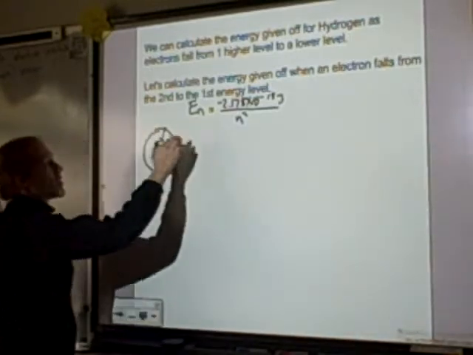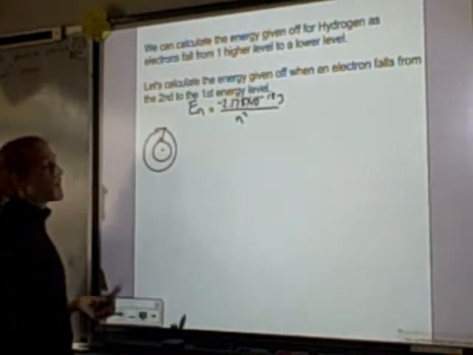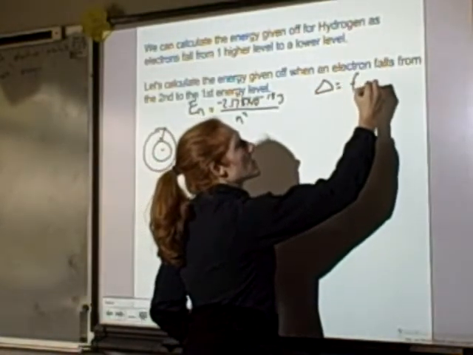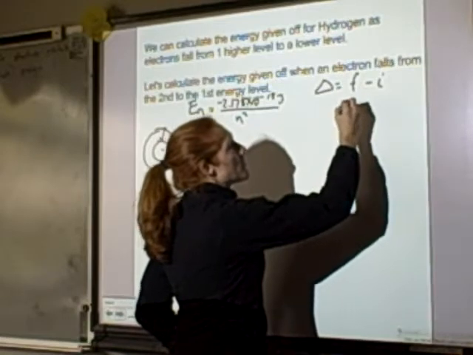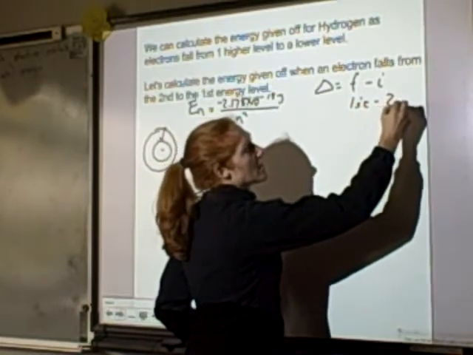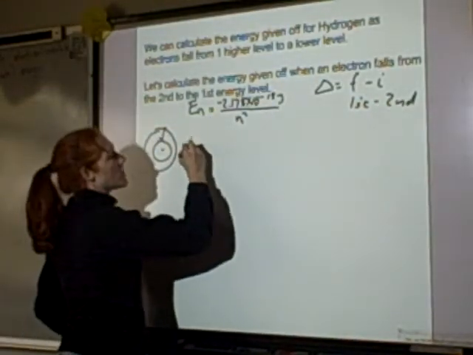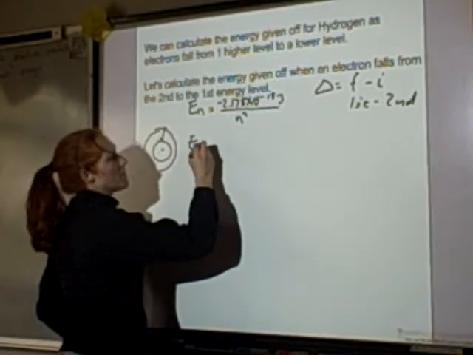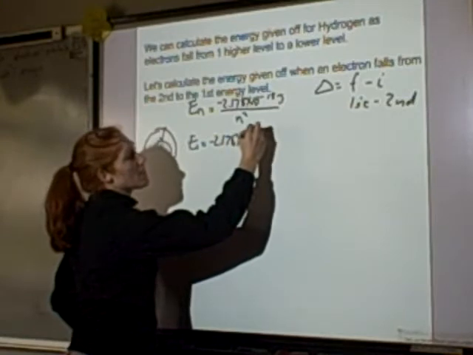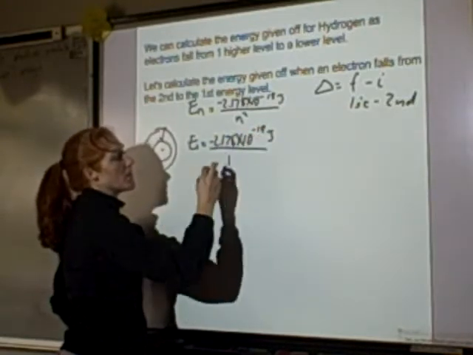So we'll need the energy of the first level, the energy of the second level, and then change is always final minus initial. So the change is going to be the energy of the first, that's where it ended up, minus the second, where it started from. The first thing I do is find the energy of that first level. So negative 2.178 times 10 to the negative 18th joules. I plug in the principal quantum number, energy level 1 squared.